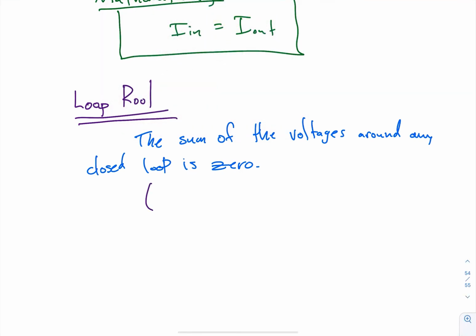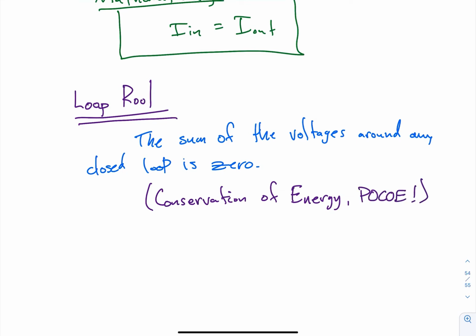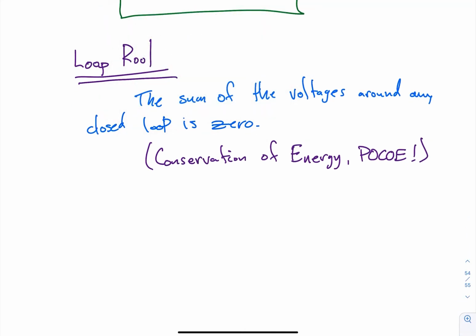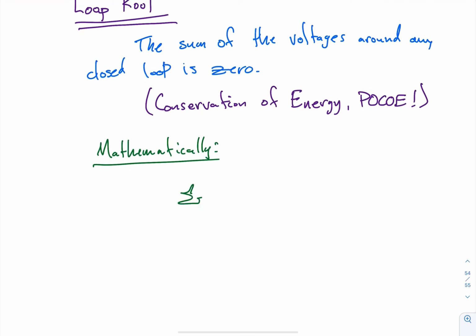This is derived from the conservation of energy. Namely, what the battery giveth, the circuit taketh away. And that tells us simply that the sum of the voltages around any closed loop in the circuit is equal to 0.